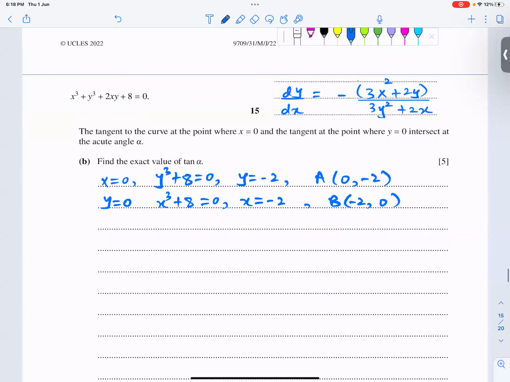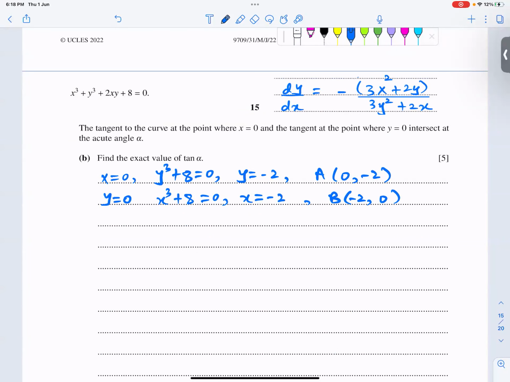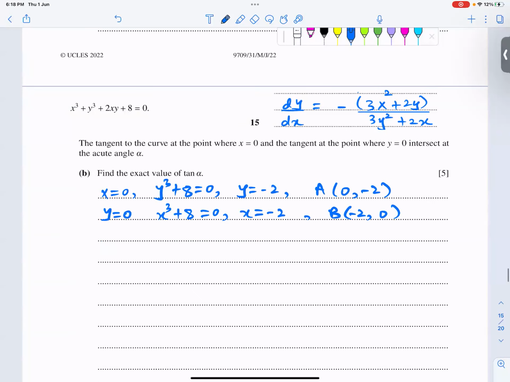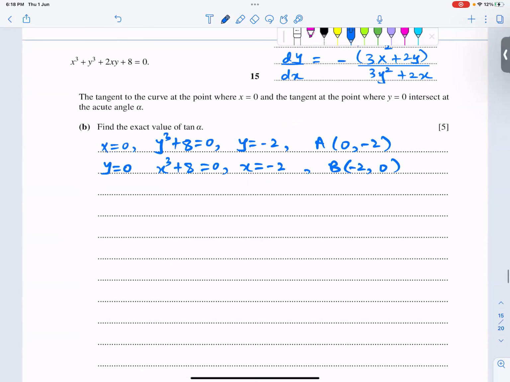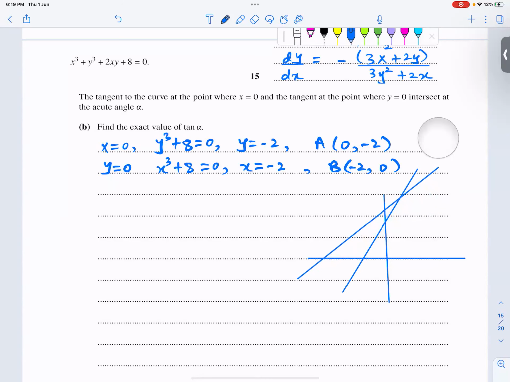So now you have two tangents. We cannot draw the exact graph of the given equation, but let's suppose this will be the first tangent and this will be the second tangent.